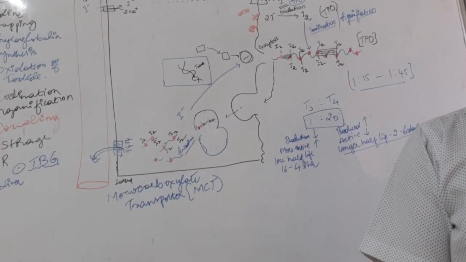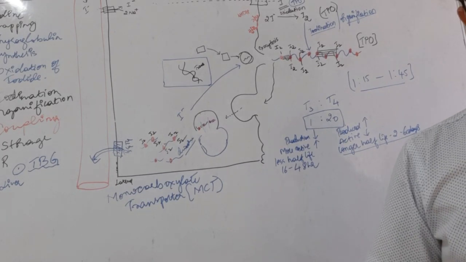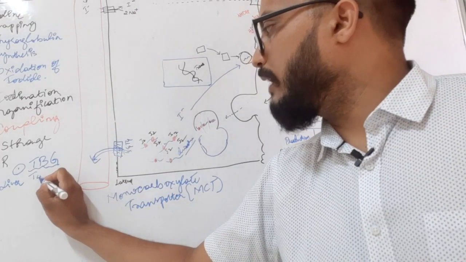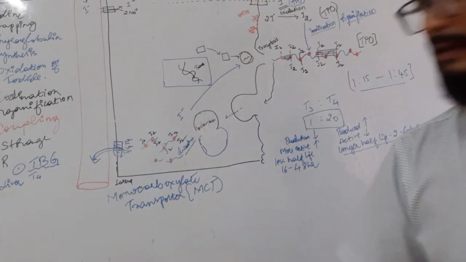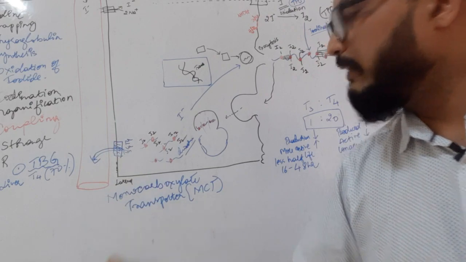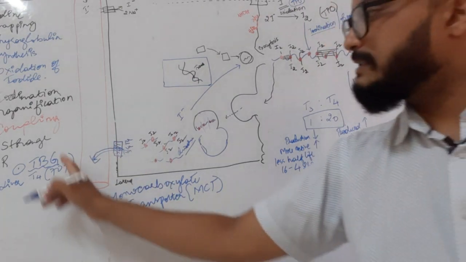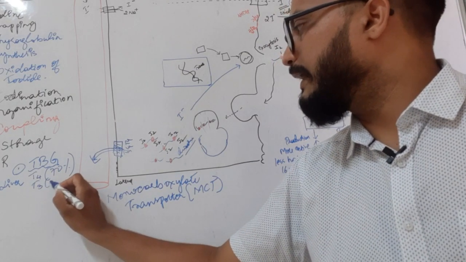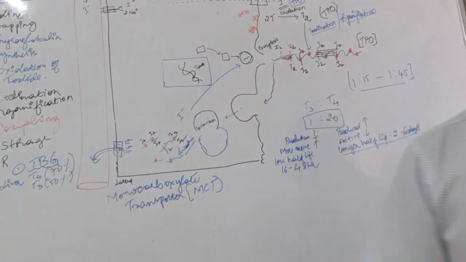It should be noted that the thyroid binding globulin has got more affinity for T4, that is about 70% of the T4 is travelled in the blood by attaching to thyroid binding globulin, and about 50% it attaches to the T3.